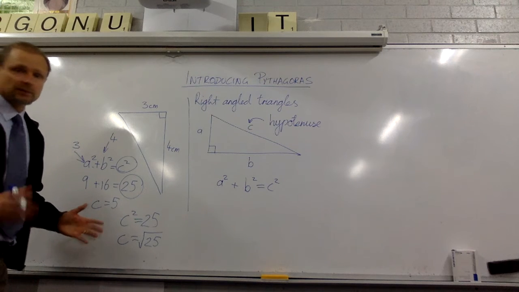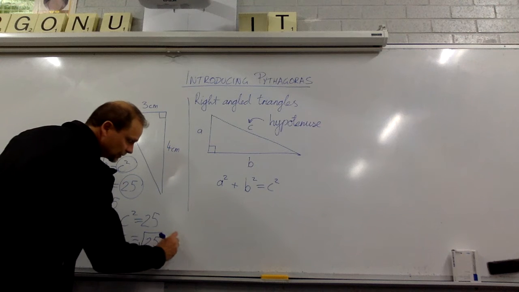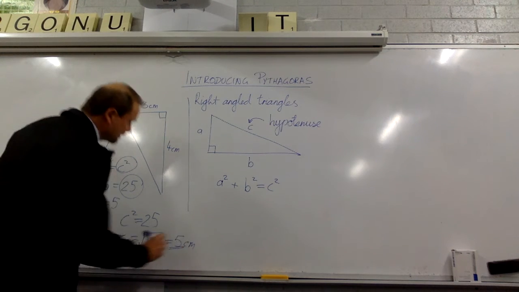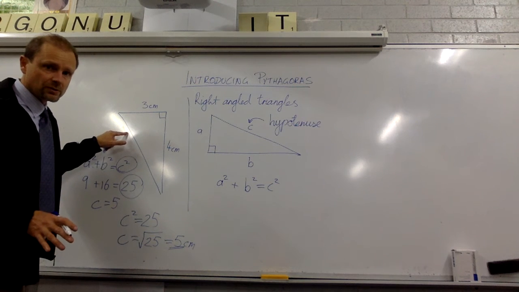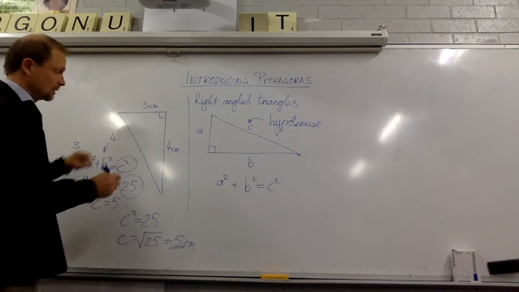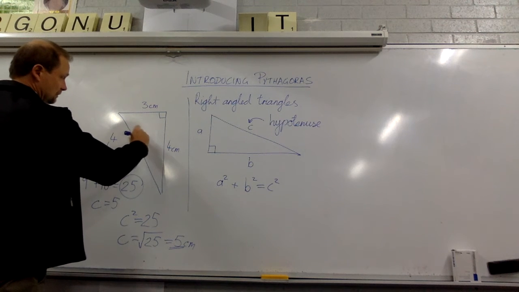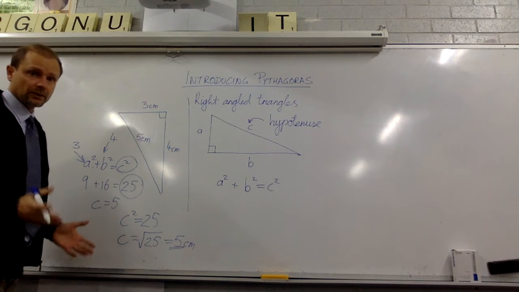Now, to find the answer, you can plug it in your calculator if you're not really good at maths, but you'll know that the square root of 25 is 5. So the length of this side, which is the hypotenuse, is 5 centimetres. Got it? I'll write it in there. 5 centimetres. Pretty cool, eh?